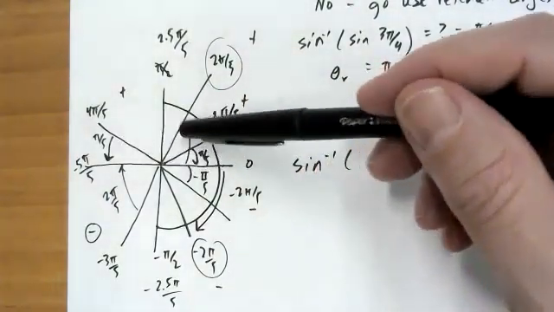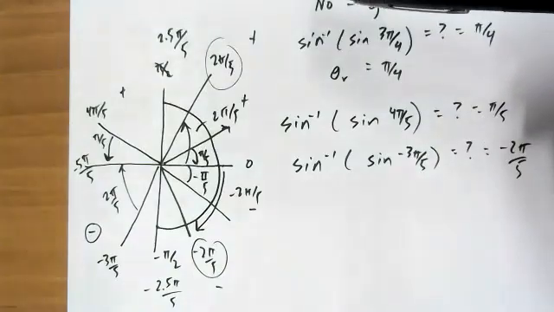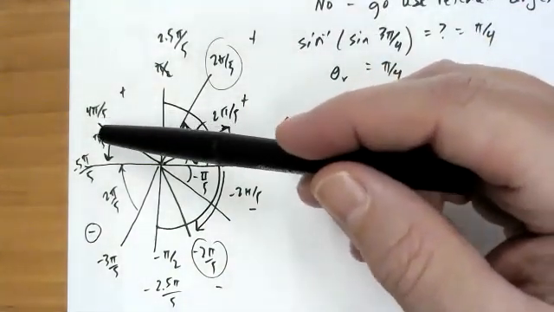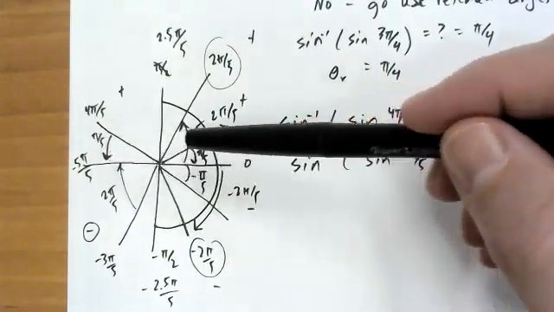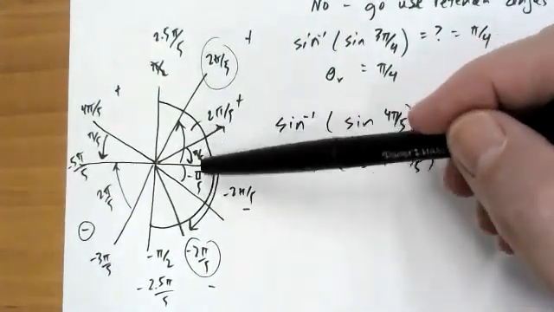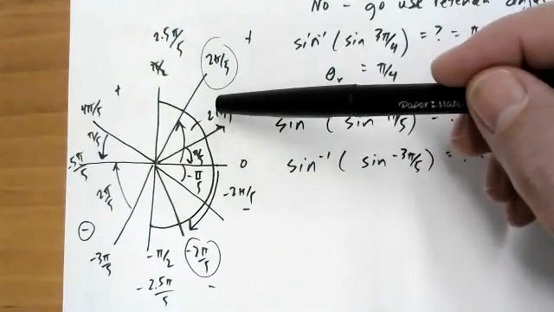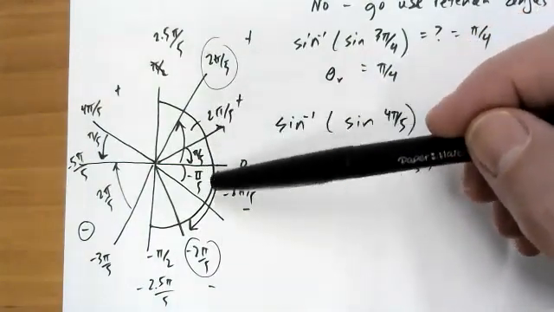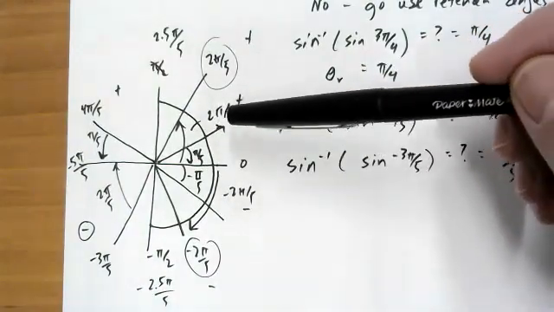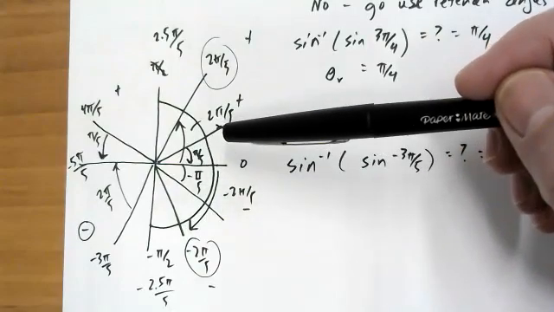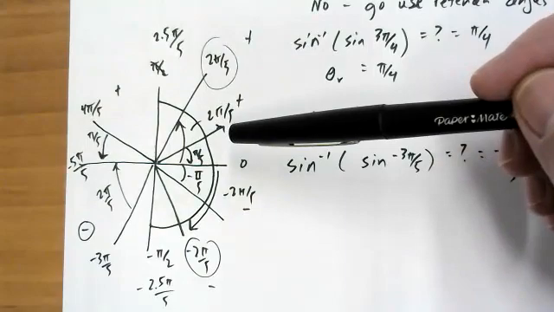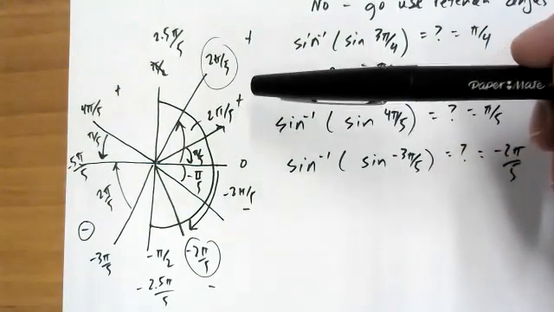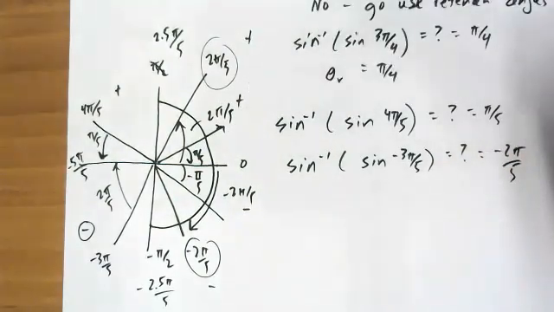It's definitely not in the allowed region, so I have to get the reference angle, which is pi over 5, and use that to create two reference angles over here, 2 pi over 5 and negative 2 pi over 5. Oh, sorry.